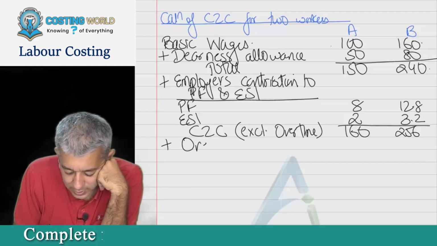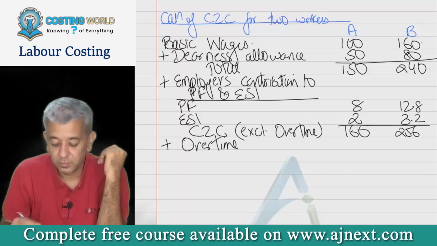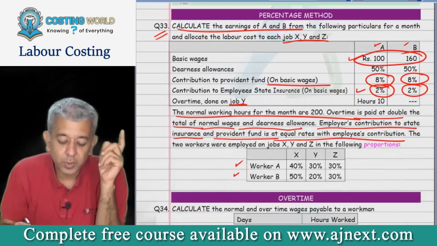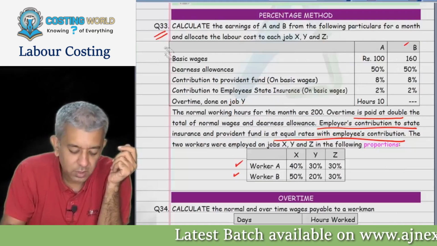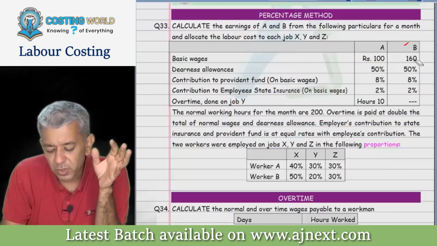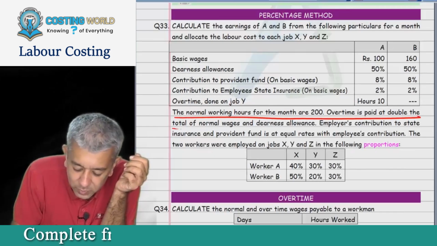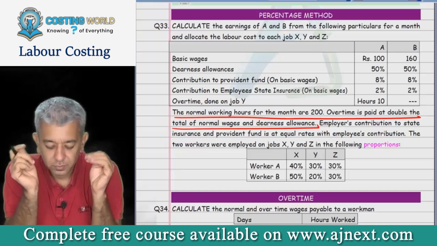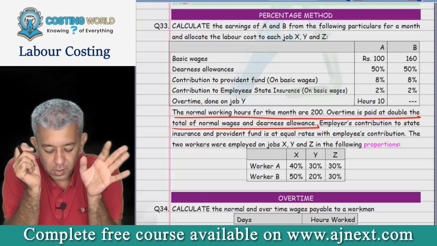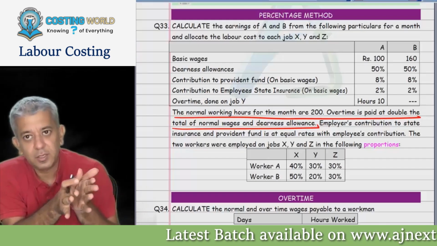So add overtime. Now everybody read the two lines that I'm telling you, and please read them three times. It'll take a maximum of 20 seconds. Underline this, please. Read? Yes, sir. So first we have to calculate the normal rate.